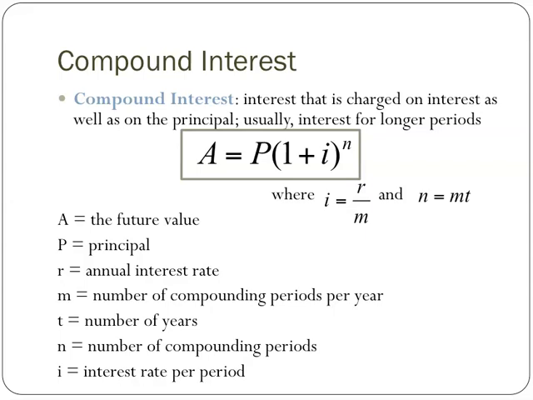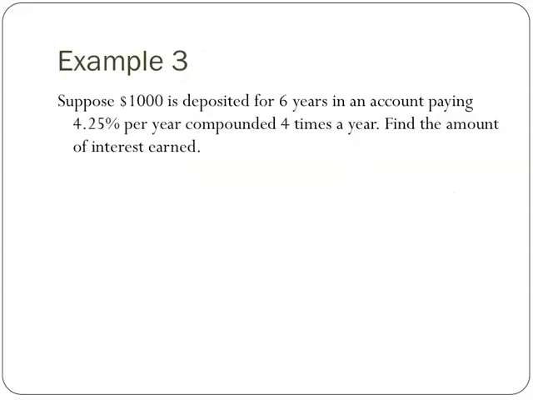All right, example 3. Suppose $1,000 is deposited for 6 years in an account paying 4.25% per year, compounded 4 times a year. Find the amount of interest earned. On the side over here, I'm going to find I and N before I plug it into the formula.